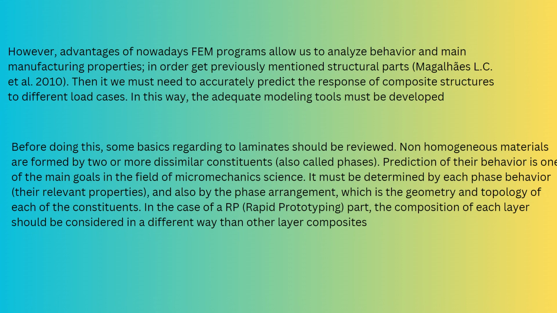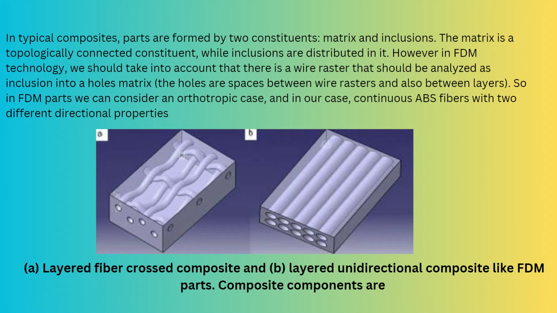In the case of rapid prototyping parts, the composition of each layer should be considered differently than in other layered composites. Typically, composite parts are formed by two constituents, matrix and inclusions. The matrix is a topologically connected constituent, while the inclusions are distributed in it.